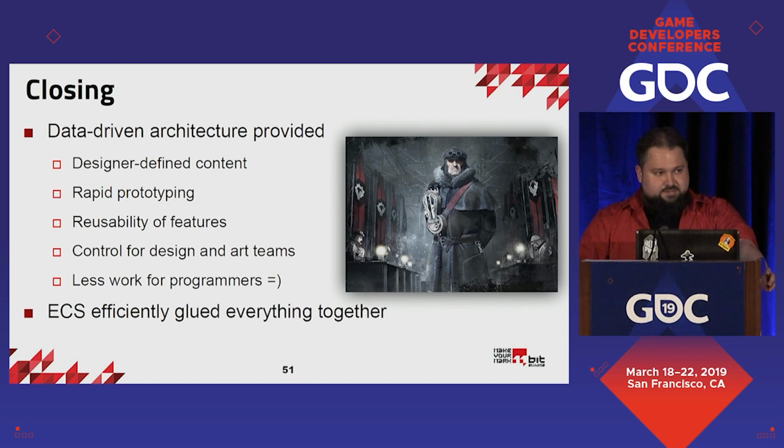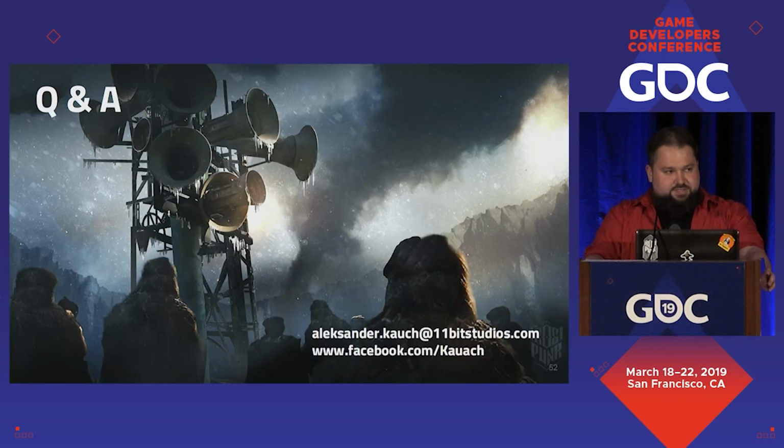And the ECS system that lies underneath it glued everything together and was an efficient system that allowed, once again, rapid prototyping and a lot of R&D that the game required. That is all. Thank you very much. If you have some questions, I would gladly answer them.